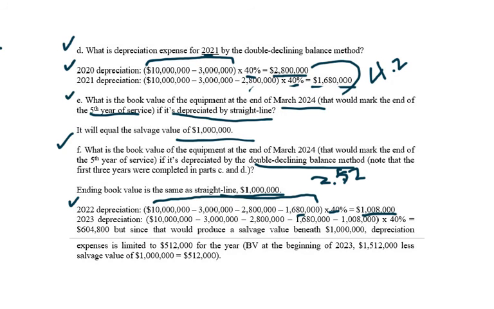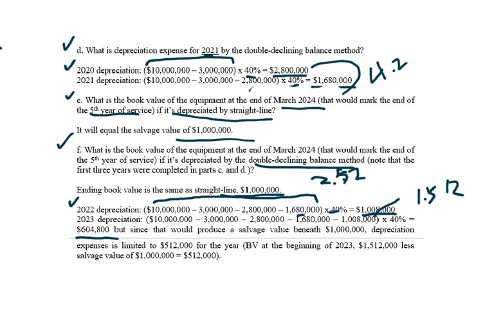So once again, we're going to factor that into 2023. So it'll be our 2,520,000 minus the additional 1,008,000. So you'll get $1,512,000 as its book value at the end of 2022. So we take 40% of that, and this is what the calculation is at $604,800.